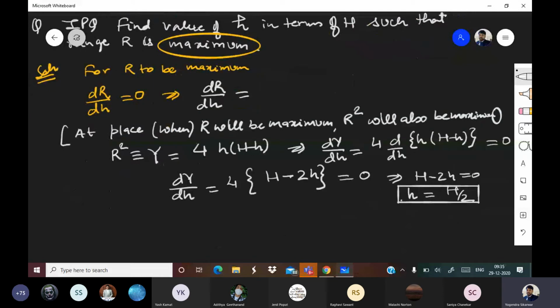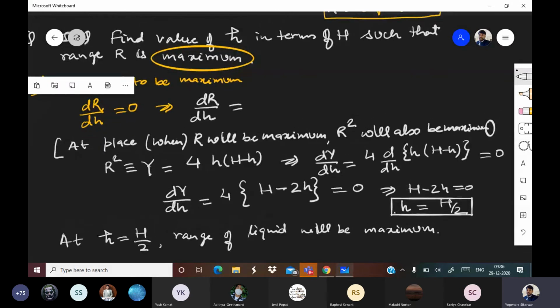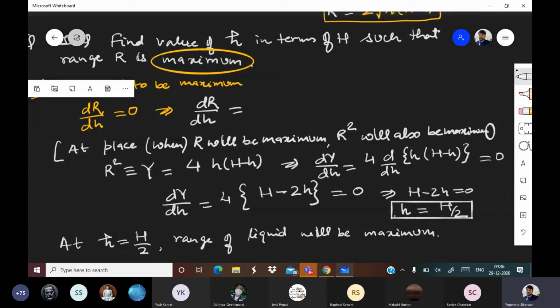So at small h equal to H by 2, range of liquid will be maximum. This is the answer. Now you note down this and try to understand what I have done.